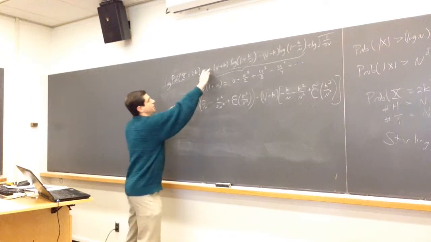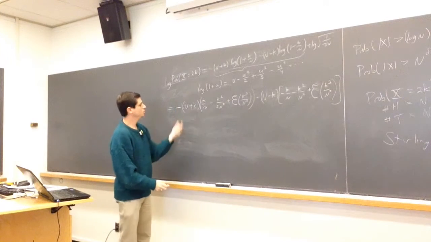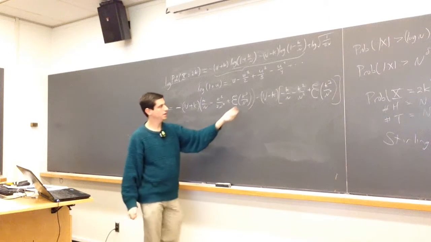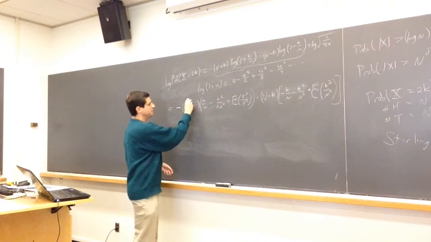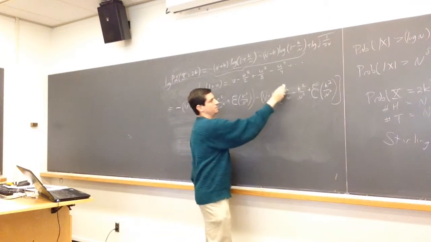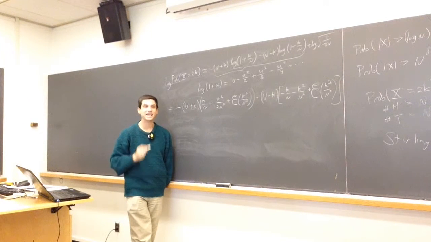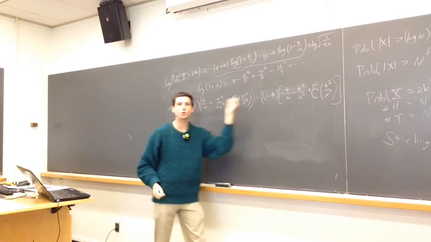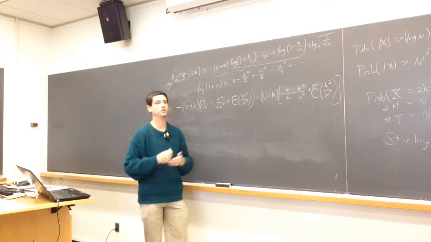Oh, there's a minus sign from here, sorry. There's a minus sign here. So we have a minus n times k over n, and we have a minus n times minus k over n. So what happens when the n hits these terms? What do we get? They cancel. That's why it's so important to be doing the analysis like this very carefully, is we're having these things canceling off in pairs.